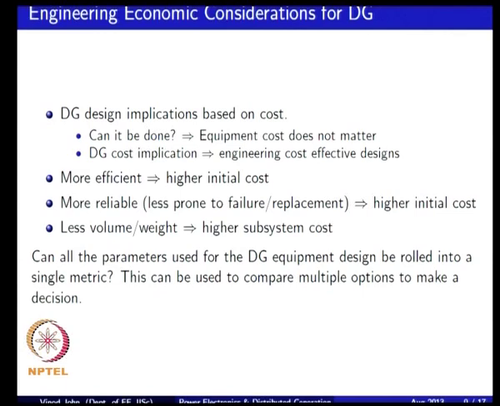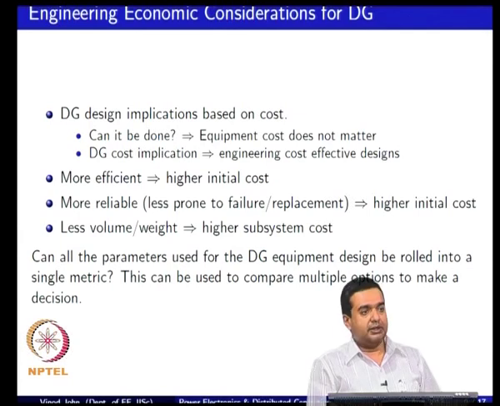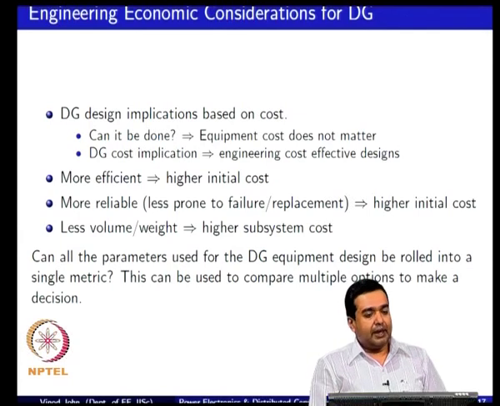So, if you then look at the second aspect of what we will cover in this course, it is related to the engineering economic aspects of connecting a distributed generation source.